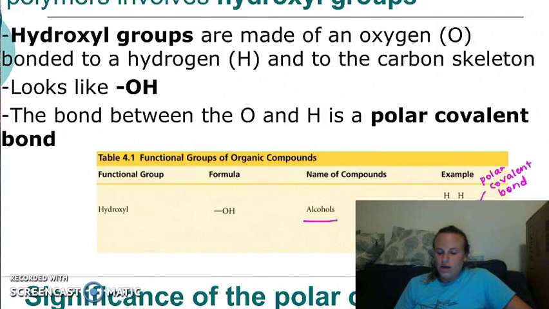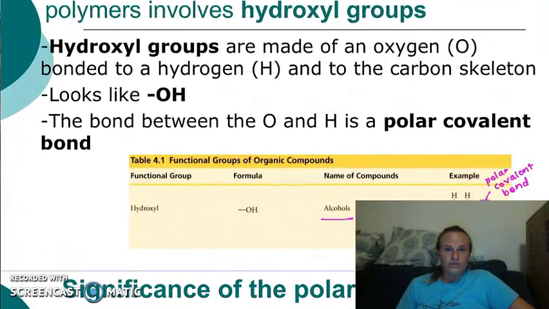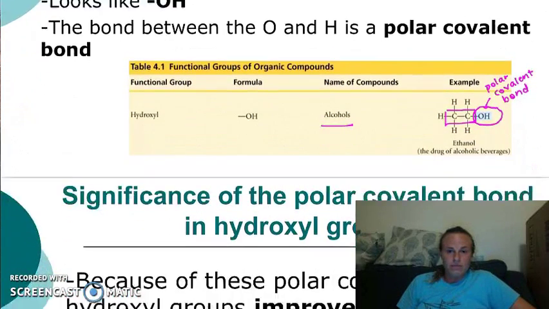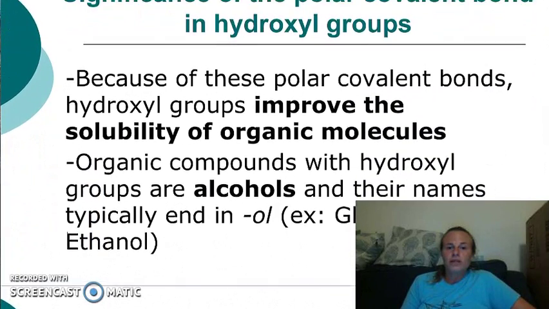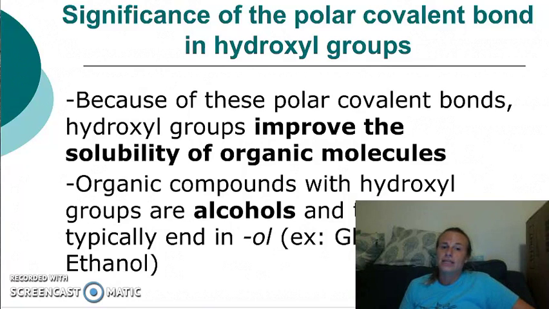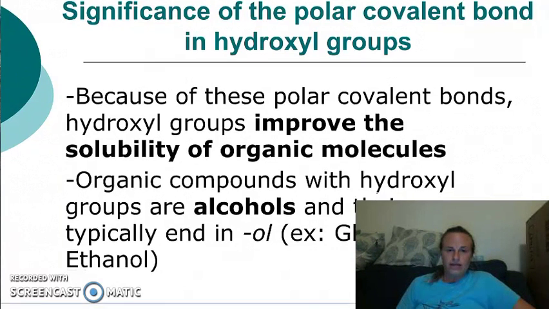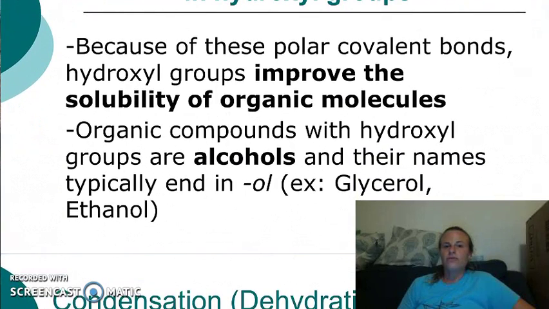Alcohols contain a hydroxyl group. Now, why is it important that the hydroxyl groups contain a polar covalent bond? Well, what it does is it helps improve the solubility of the organic molecules that contain the hydroxyl group. Compounds that have hydroxyl groups are alcohols, and their names typically end in OL, for example, glycerol and ethanol.